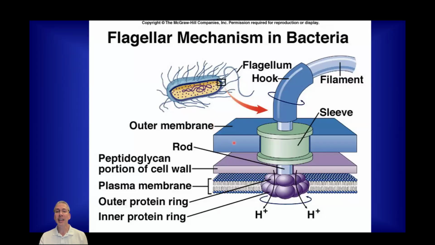So here we see a sketch of bacterial flagella. Again, just to get your bearing, here's the cell membrane, here's the cell wall, but here's the flagellum protruding from the outer surface of the bacterium. And again, this whole entire structure can spin. So it works by a completely different mechanism than the flagella in eukaryotes.